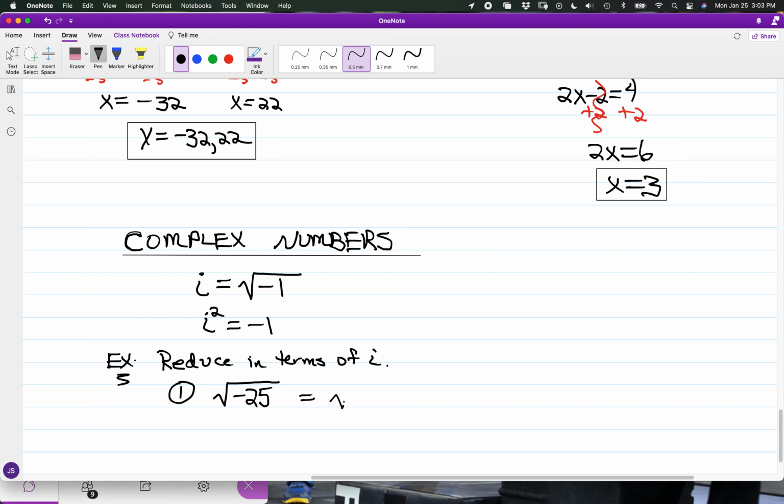So I can have the square root of 25 times the square root of -1. Now the square root of 25 is 5, and again, i is equal to the square root of -1. So we have, in reduction terms, the square root of -25 becomes 5i.